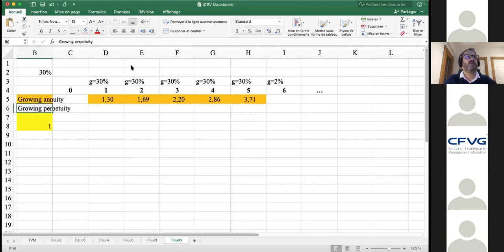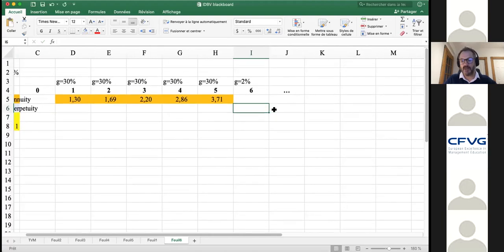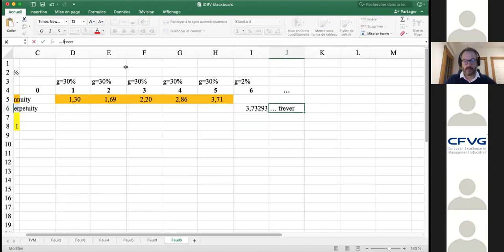Let's say it's blue, for example. So that's going to begin here. It's going to be 371 times 1 plus 2%, and it's going to go on forever.